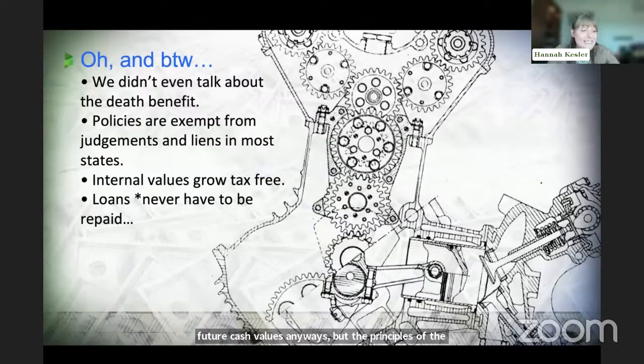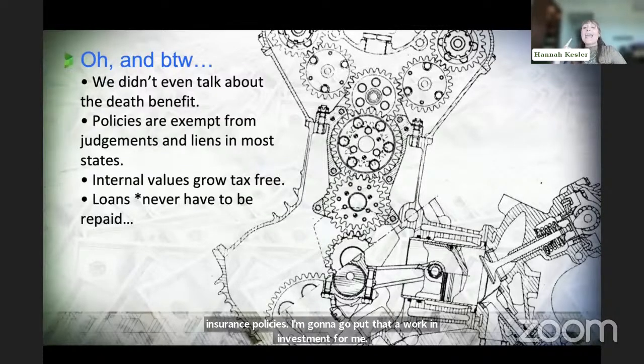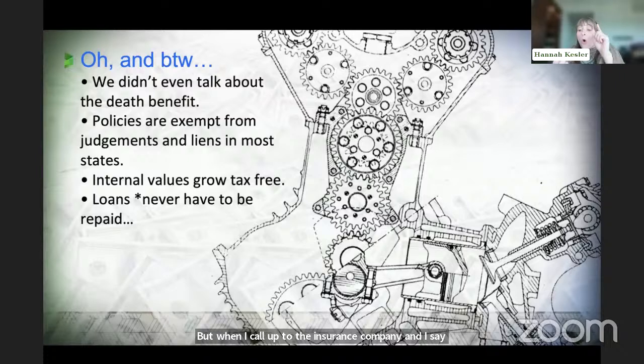Like when I call up the insurance company, I mean, I'm sitting here right now, I just got a check in the mail from one of my life insurance policies, and I'm going to go put that to work in an investment for me. But when I call up the insurance company and I say, hey, I want to take out this loan, they never ask me what I'm using the money for, when I'm going to pay it back, or how I'm going to pay it back, because they just don't care.